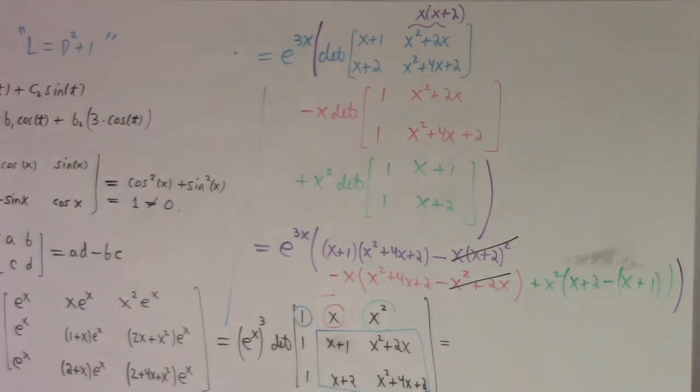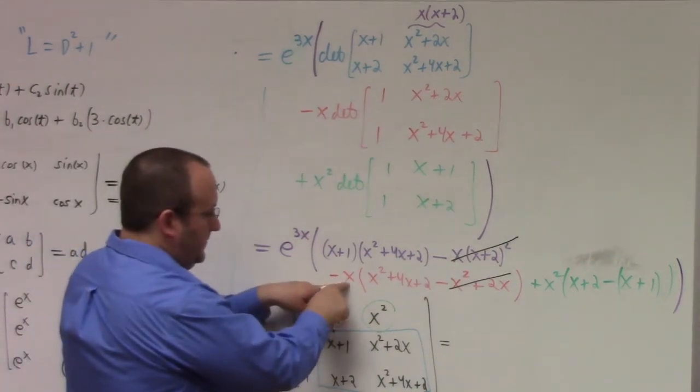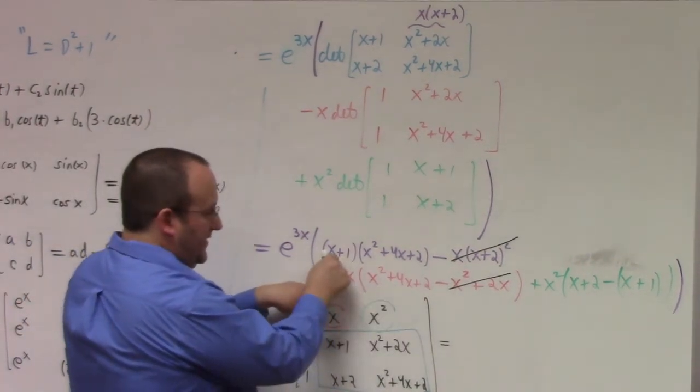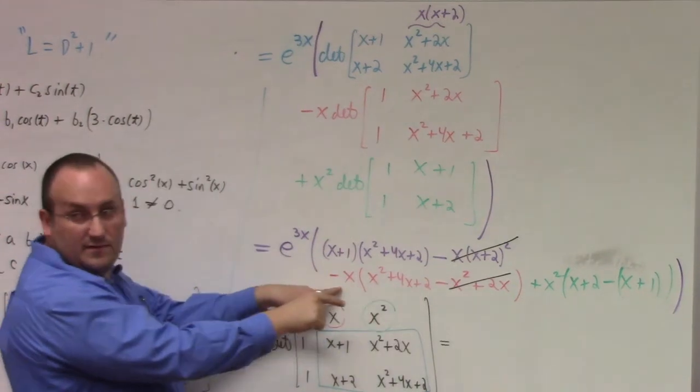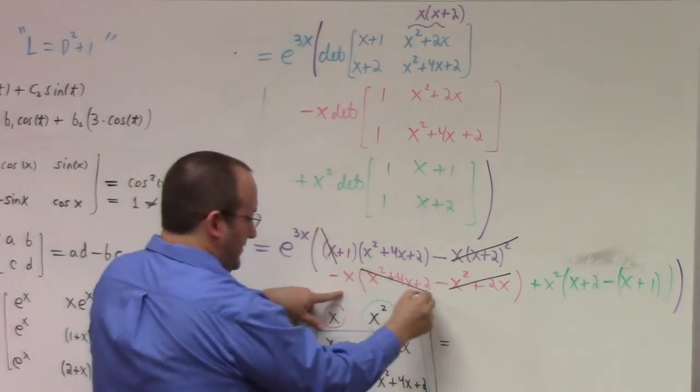The other thing I think that would be minus x times that. Up here there's plus x times that, right? So essentially this x would cancel with that term.